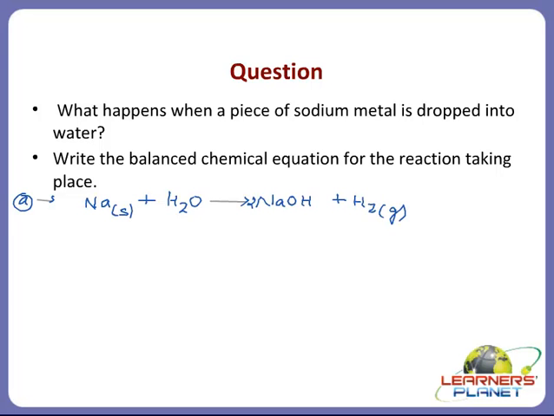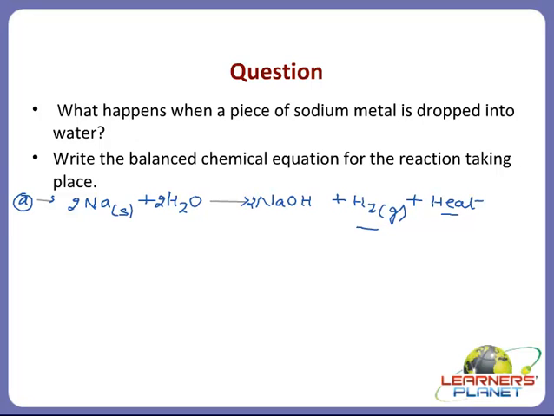I can make it 2 here and 2 here. Plus, as sodium is a highly reactive metal, a large amount of heat is also released. Now, due to this heat, the hydrogen gas starts burning.